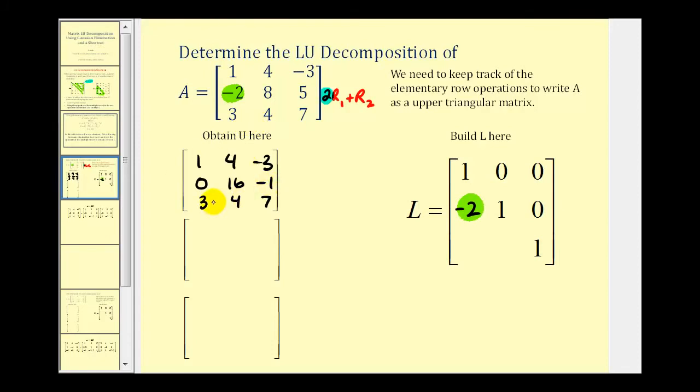Now that we have this matrix, let's obtain a 0 in this position here. So again, we want to add a multiple of another row to row 3 to obtain a 0 here. Let's replace row 3 with negative 3 times row 1 plus row 3. First two rows stay the same.